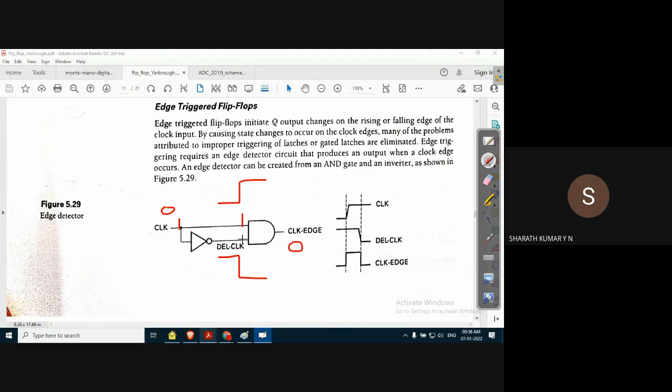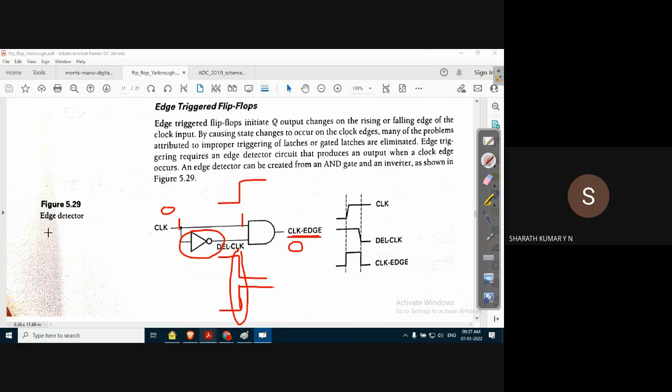Now when the input changes, both are complements of each other at some instant of time. So what is the point here? The output is at the clock edge. What is the clock edge? In this duration, as we discussed in the last class, because of the delay in this inverter, for a short duration of time both are at logic 1.